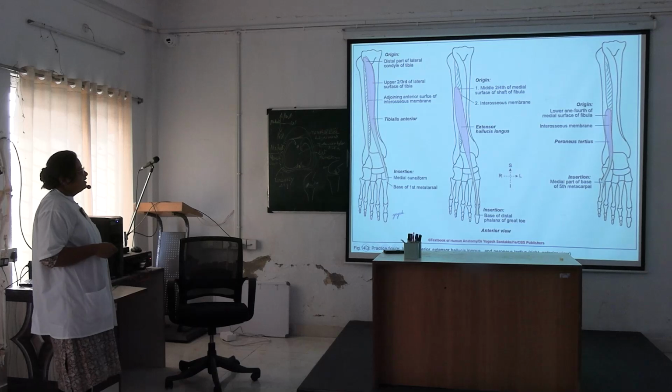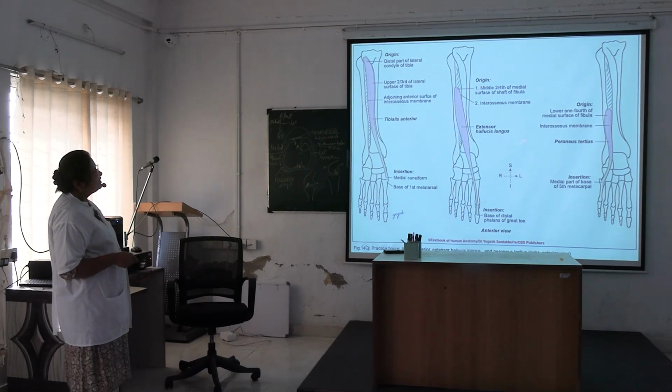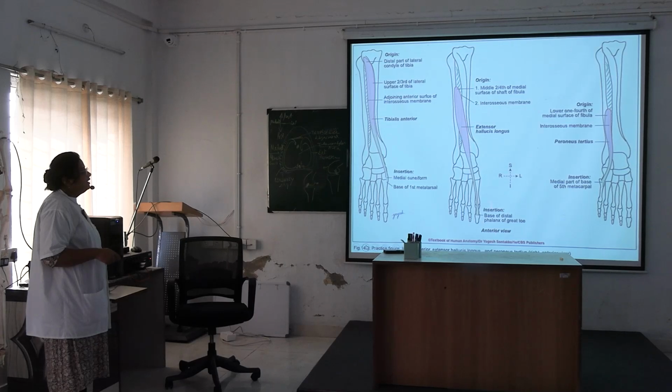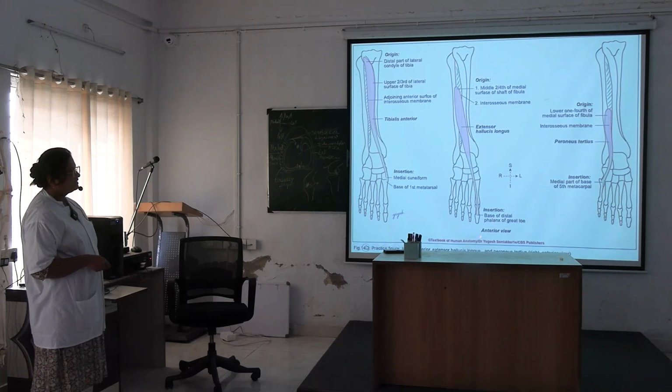The second muscle is extensor hallucis longus. Origin is from the middle two-fourths of the medial surface of the shaft of the fibula and interosseous membrane, and insertion is into the base of the distal phalanx of the great toe. Hallucis means going towards the great toe.